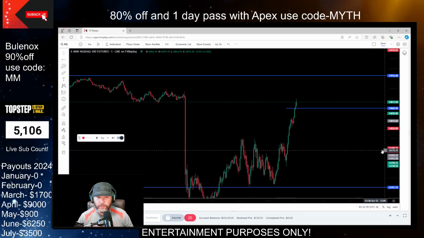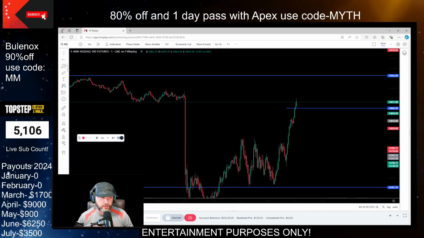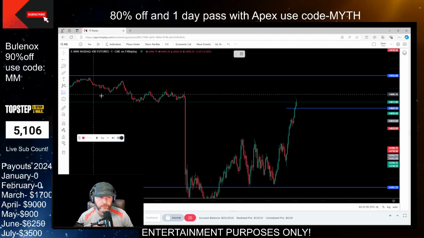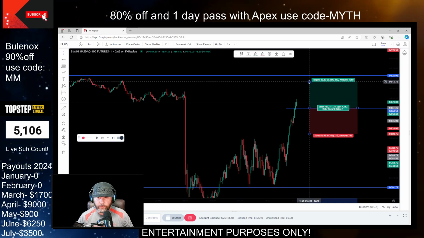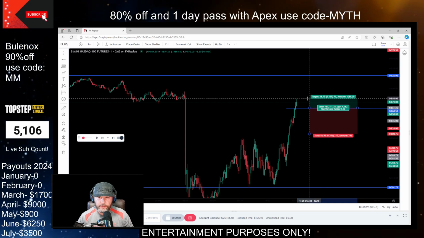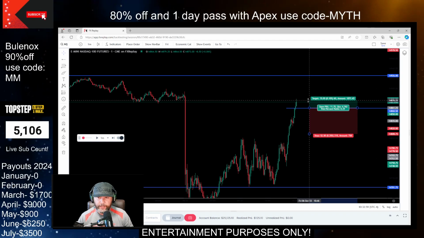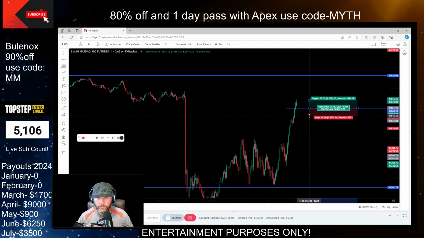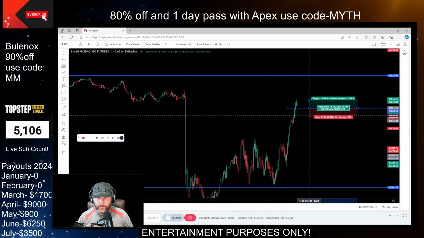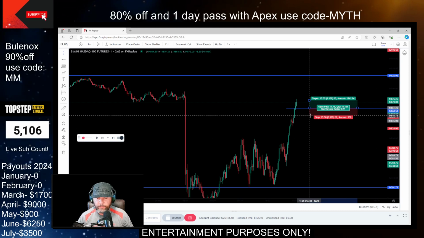This might be something where you just don't take it because it's not really a wick here on the 5-minute, right? And that's kind of what we're looking for. But we will go ahead and try it just in case we get a retrace, because we have an obvious target to the upside.